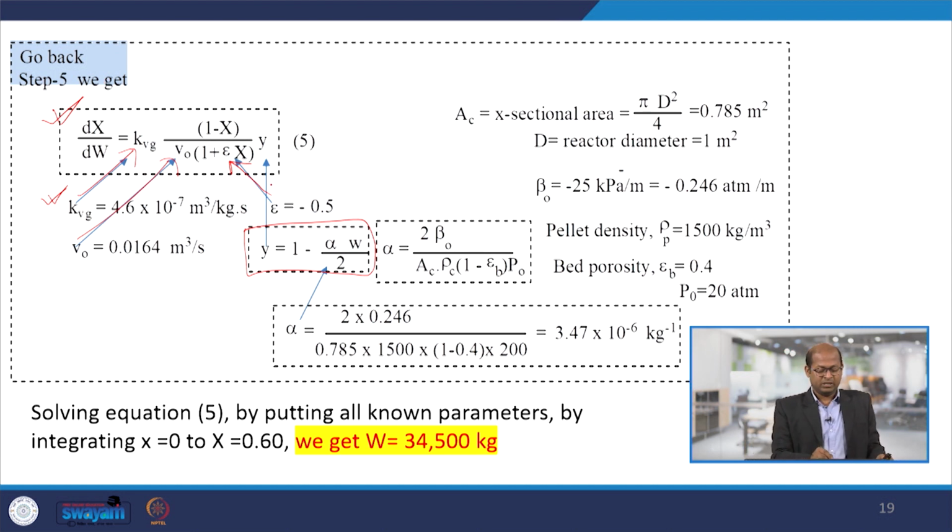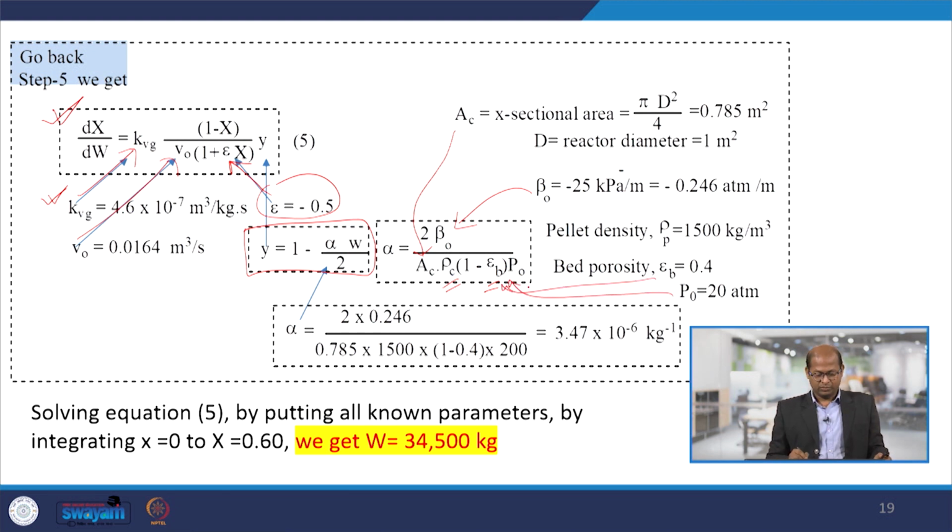Here we can substitute all components except x and y. Beta 0 value is given, so we can substitute here. The Ac value is given, the rho c value, that is the density of the catalyst particles, is given, the bed porosity is given, and the total pressure is given.